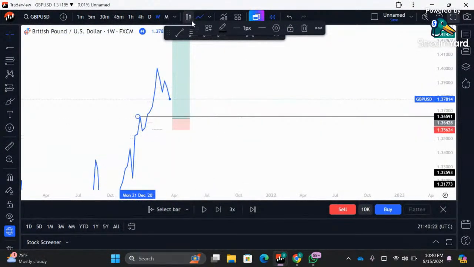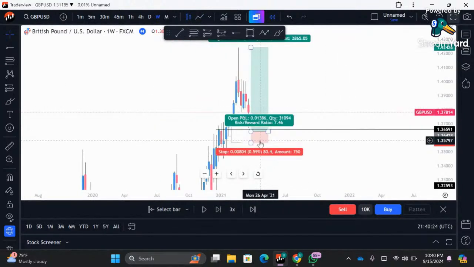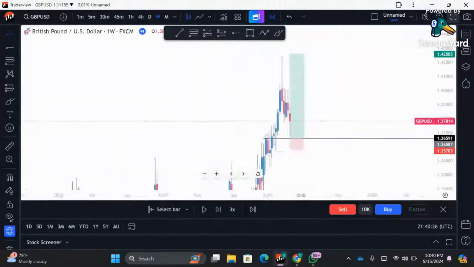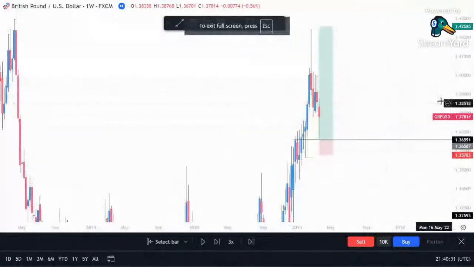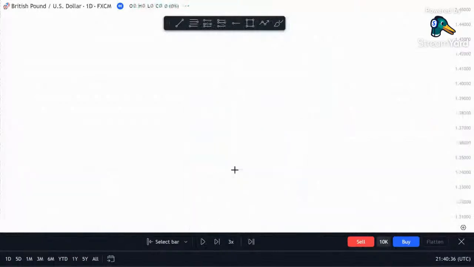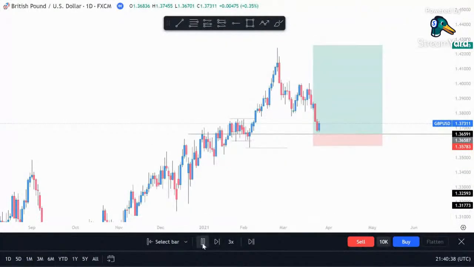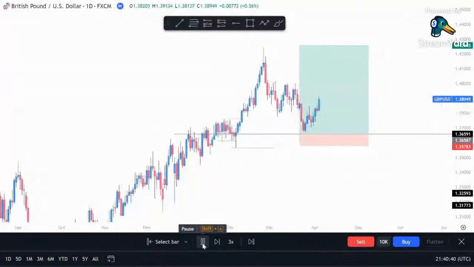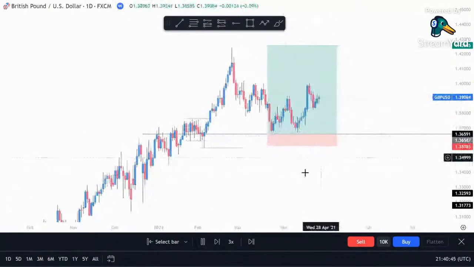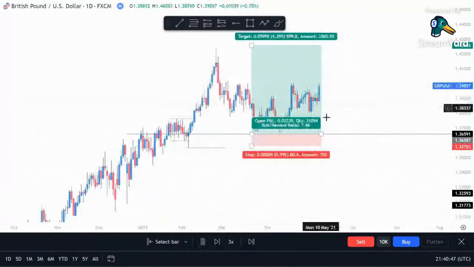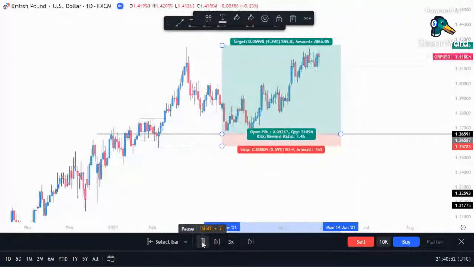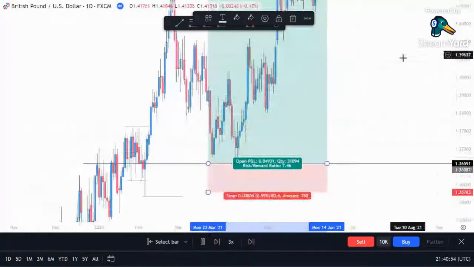Let's see if price even got there. Oh, price never even tapped it. Sometimes you just miss some trades, definitely. You will not catch every trade.